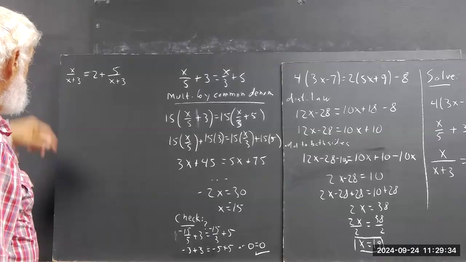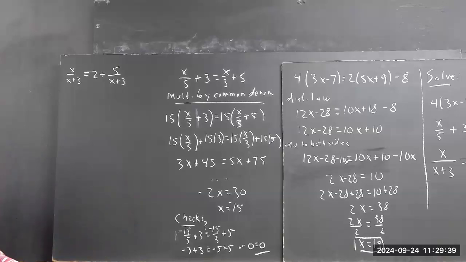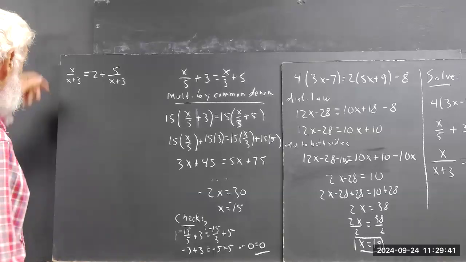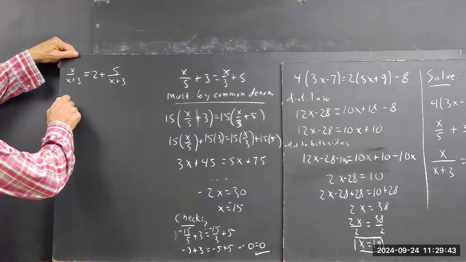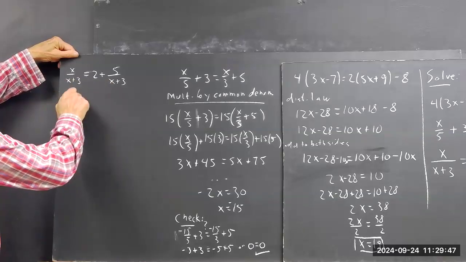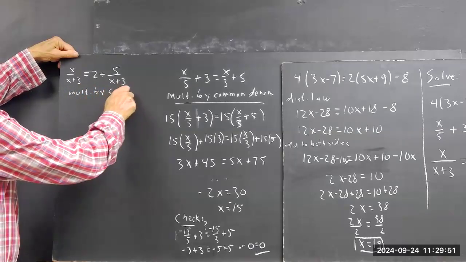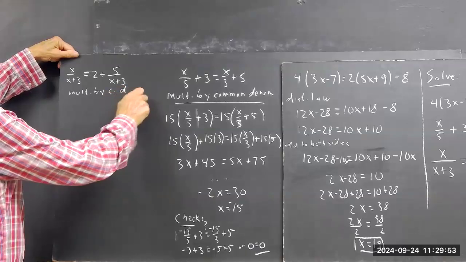Go through by the seat of your pants, which a lot of people do. It seems like it's faster. Okay, probably is, but people do that. Okay, so we multiply by common denominator.